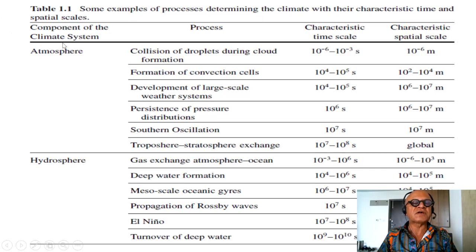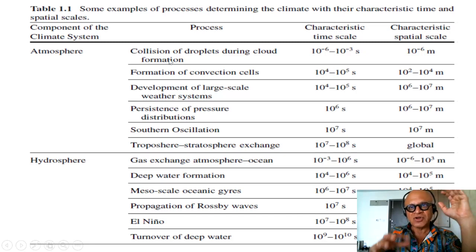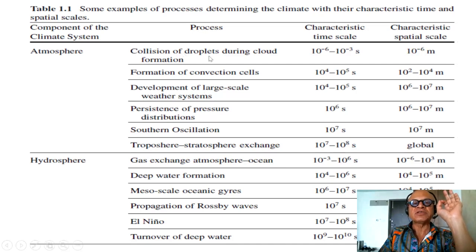So the component of the climate system, atmosphere, process, characteristic time scale, and characteristic spatial scale. Just try to imagine you're trying to model the global climate and you're starting at collision of droplets during cloud formation, literally at molecular scale. These scales characteristically in time are 10 to the minus 6 to 10 to the minus 3 seconds.